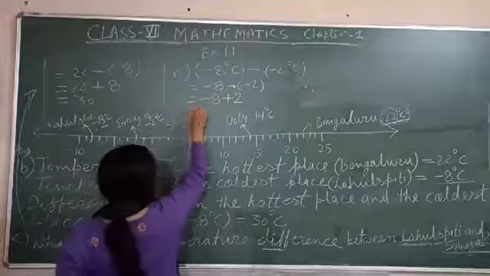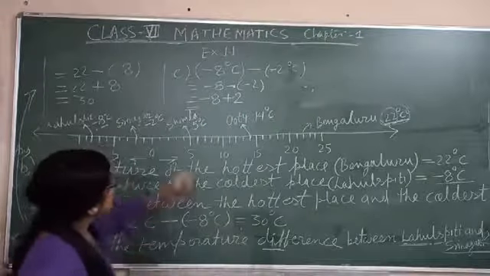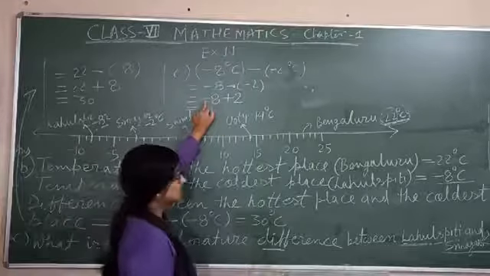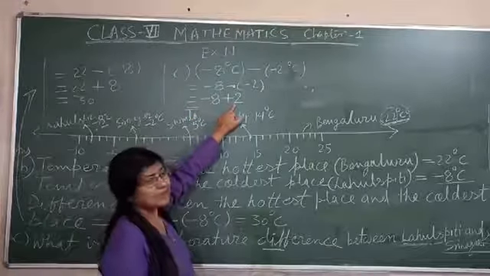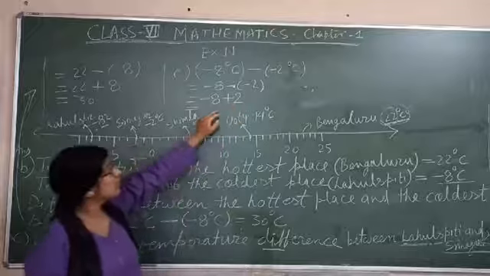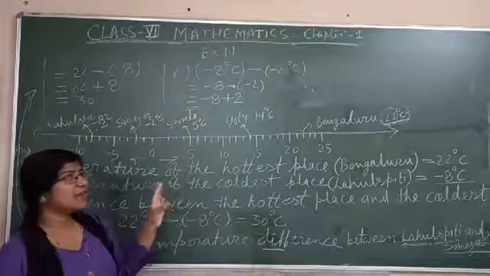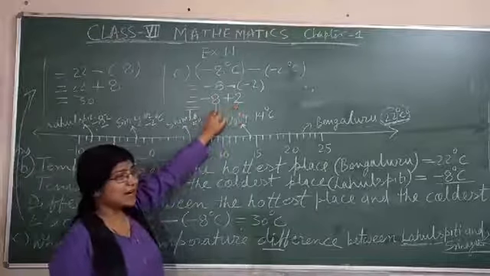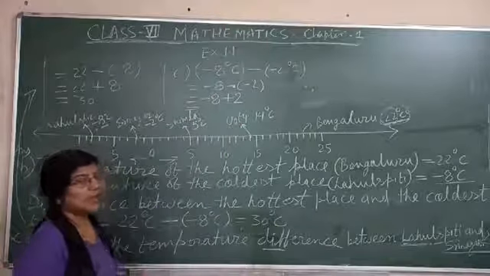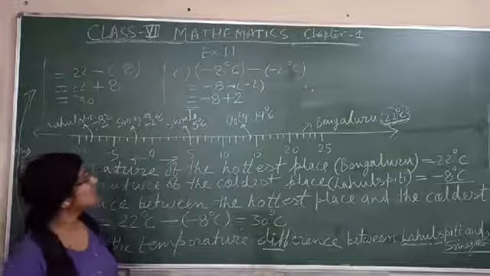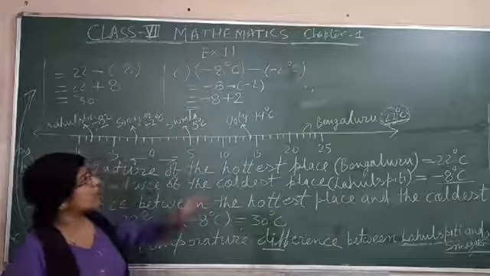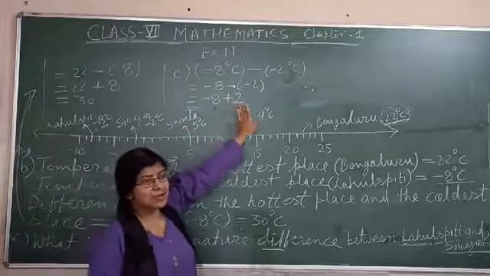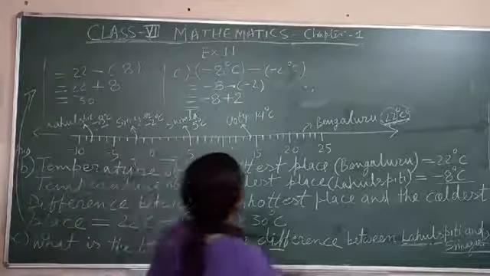So now look. 8 has a negative sign and this one has a positive sign. Both are different types of integer, one positive and one negative. We can add only the same type of integer. And if you have different types of integer, what will you do?